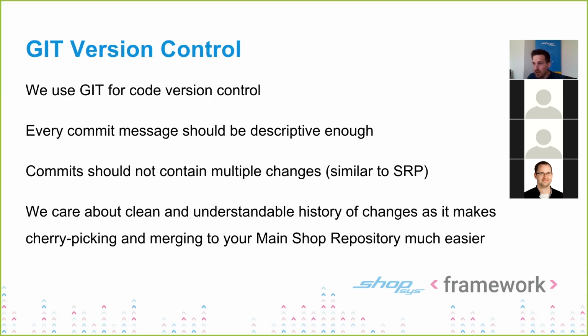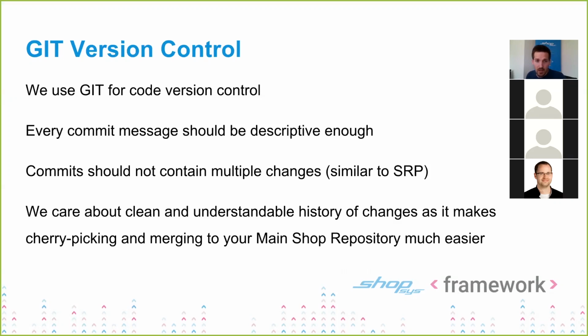Because when you change many files in one commit, it can be really hard after some time for you to remember why you did all the changes, and for the other teammates it will be even harder, because they will not have the background. So the history in Git is really important.